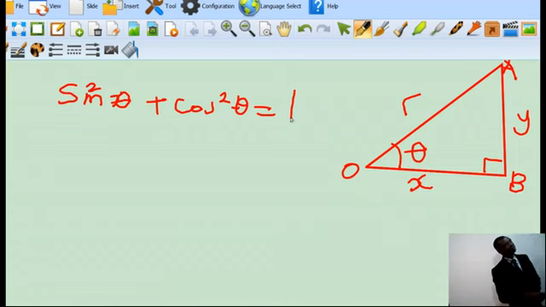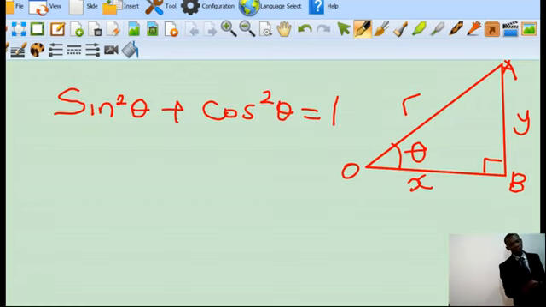Now let's start from sin theta. From other study sections, we have been introduced to the mathematical expression for sin theta considering a right angle triangle.